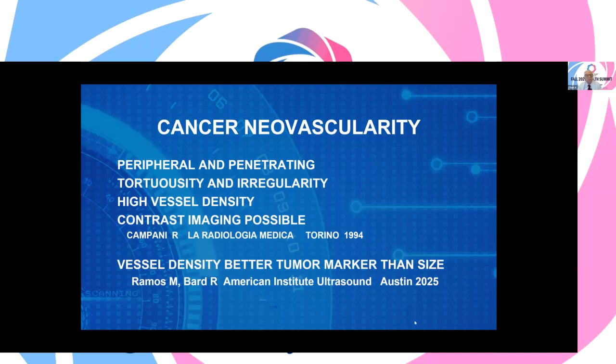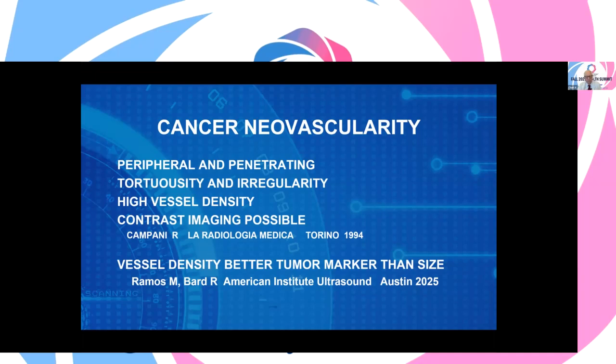Why is this important? Because normal vessels are smooth and they're the right amount in a certain area, whereas cancer neovascularity is very important because this is a quantitative measure today of tumor aggression. Let me repeat that. Because we've learned in the last 20 years that as tumors start dying, sometimes they swell with benign fluid as they degenerate.